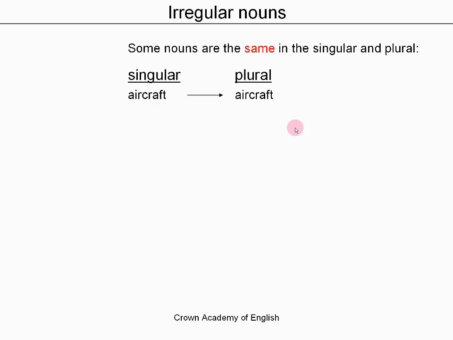It's the same. Spacecraft, so one spacecraft, three spacecraft. Hovercraft. So you can see here, any word which ends in -craft is the same in the singular and the plural.